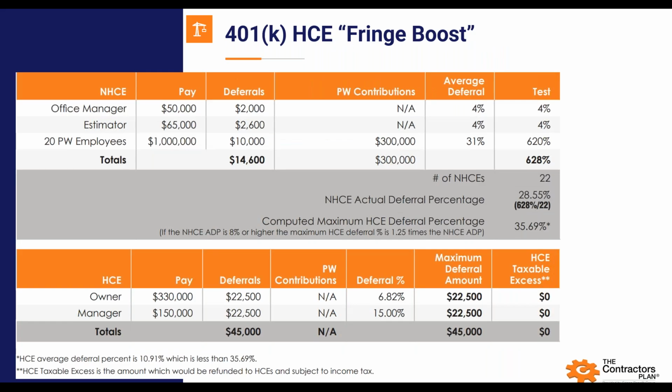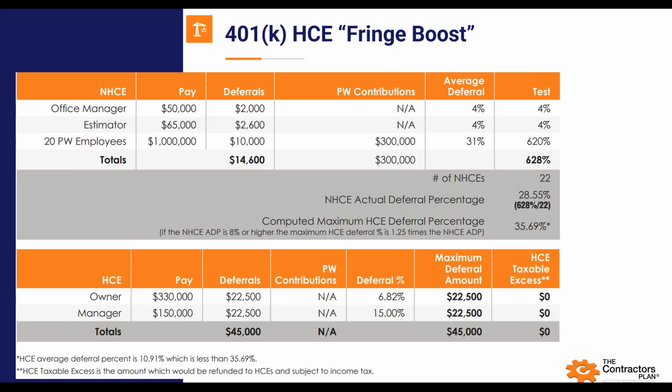Another example is what we call the boost, which is basically in construction. Unfortunately, a lot of craft workers don't feel the need to save for retirement, even though they should, and even though who knows if Social Security will even be around. They're kind of living for today.